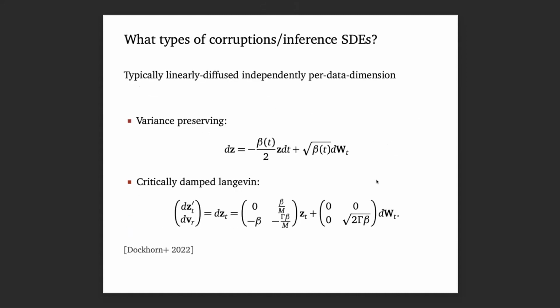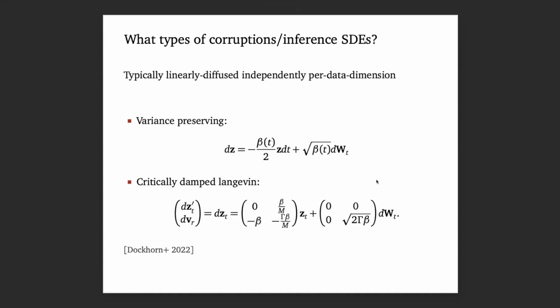So what type of inference processes, corruptions, noising can you use? The most common one is variance preserving. It's a scalar process that will tend to a Gaussian distribution. But you could think more freely if you're thinking about this as a latent variable model. You can add an auxiliary variable to each observed dimension.